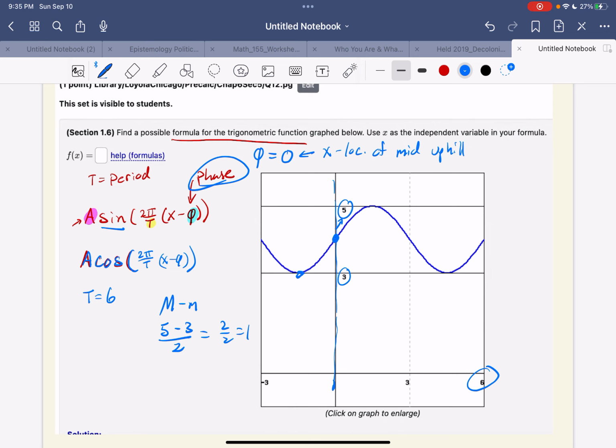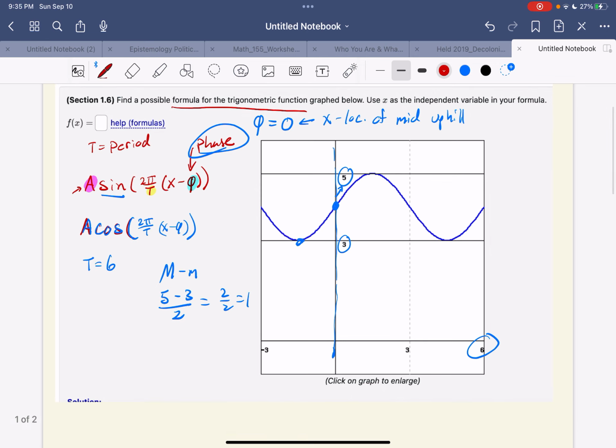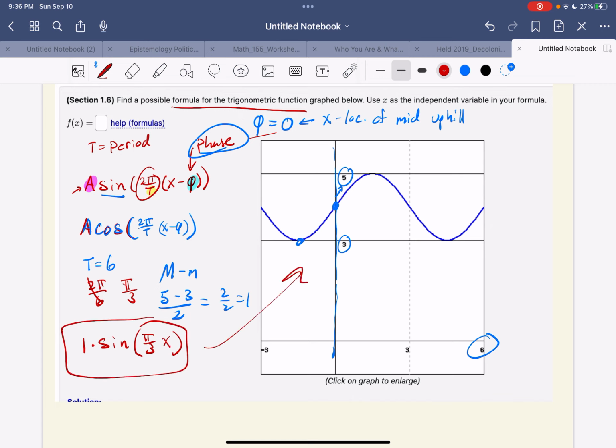Okay, so the formula, putting everything together, is 1, don't even bother writing it, times sine of 2 pi over 6, but this will cancel, you get pi over 3, so let's put pi over 3, and then phi is 0, so it's just, oh, sorry, I need an x. I could write x minus 0, but again, why do it, right? Just x, boom. Here's the formula for this.